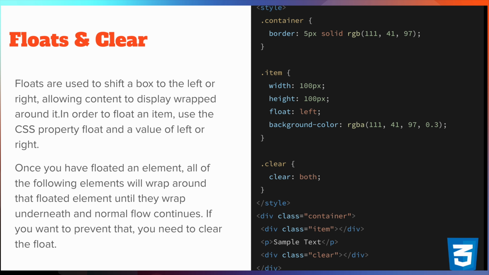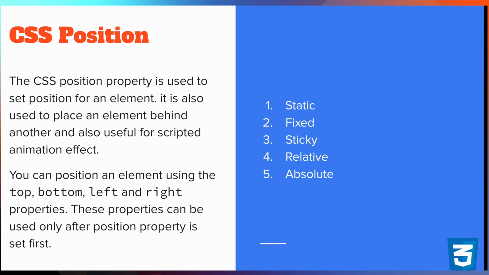Moving on to what we are supposed to do today, which is positioning. CSS positioning is in line with what CSS layout is all about, and it allows you to position any element to any part of the screen with the help of the CSS position property, and top, bottom, left and right.